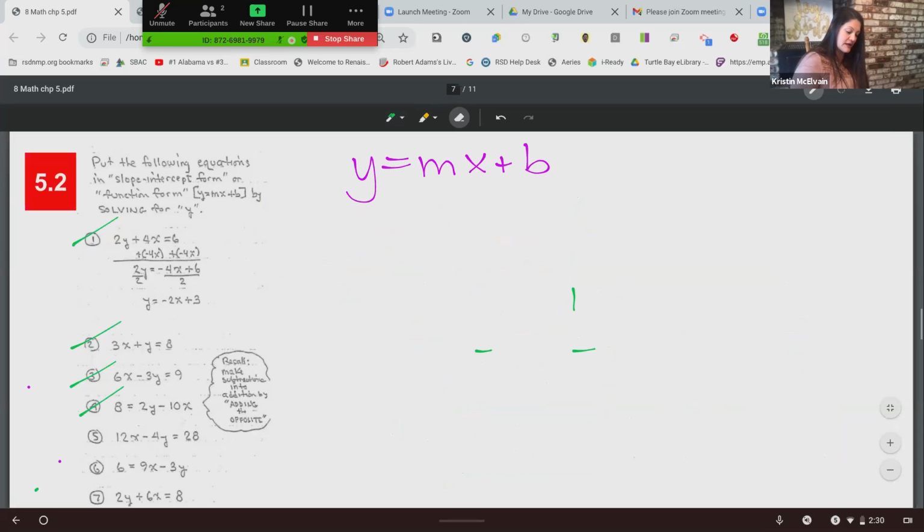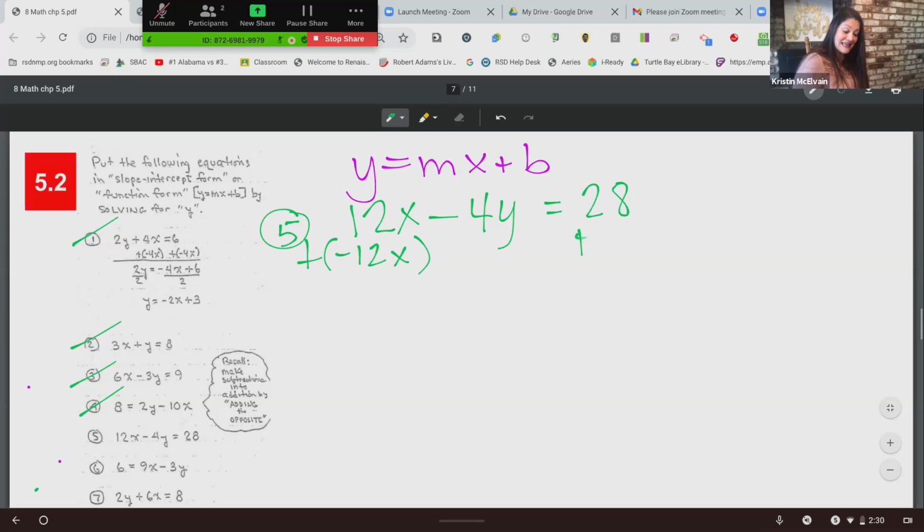There we go. Okay. And now number 5. Number 5 is 12x minus 4y equals 28. We're going to take the 12x to the other side by adding the opposite, which is a negative 12x. Don't forget this negative 4y.